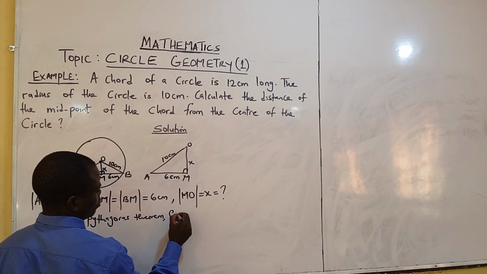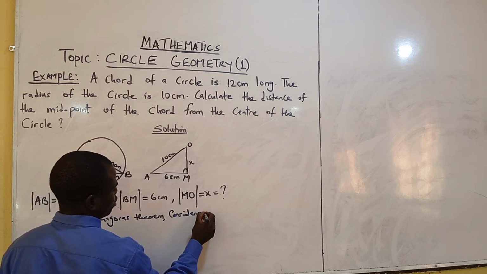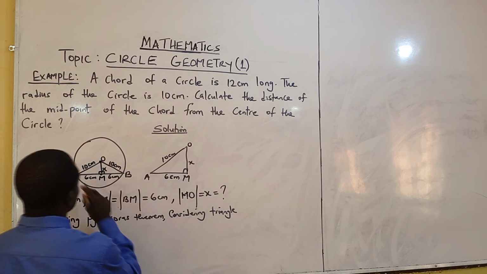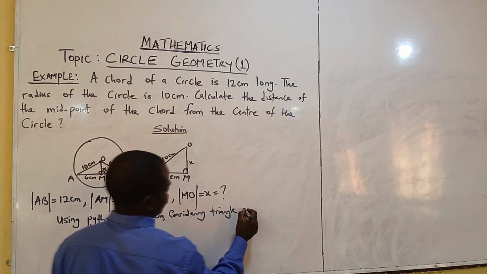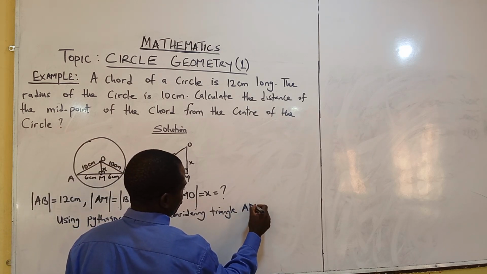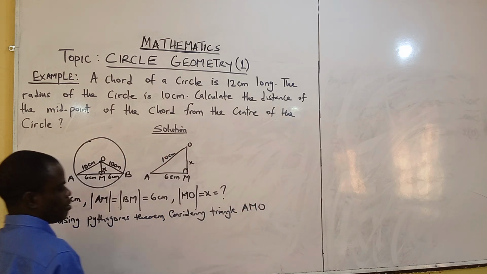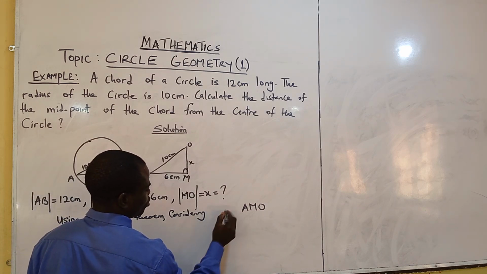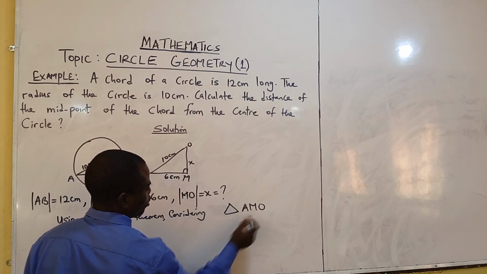Considering triangle AMO. Is that okay? If you name it like this, it will be known as triangle AMO.